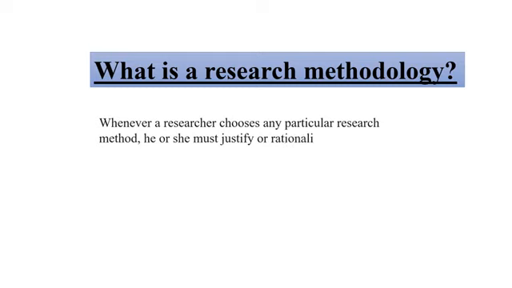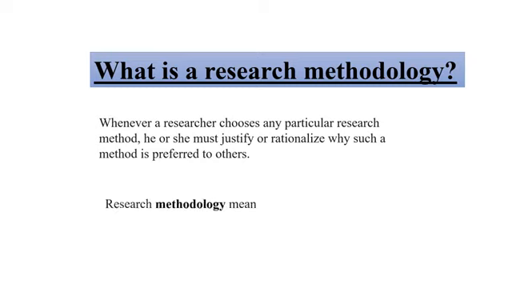Now we are going to discuss what research methodology is. Whenever a researcher chooses any particular research method, he or she must justify or rationalize why such a method is preferred to others. We can say that research methodology means why a particular research method is used or applied.